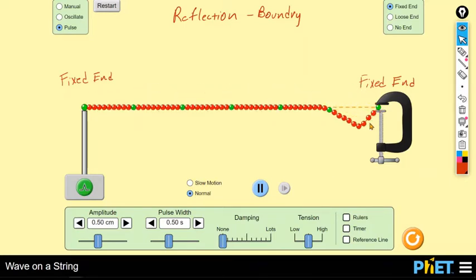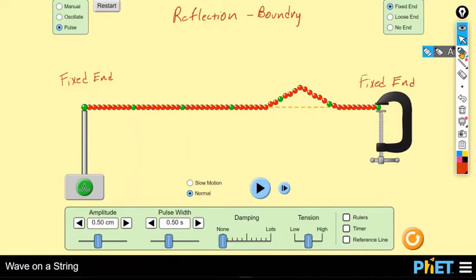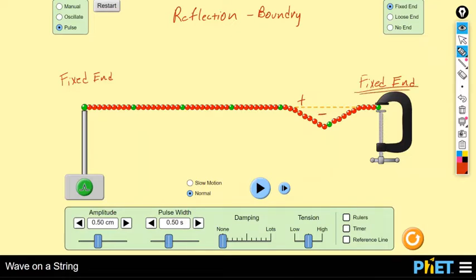This is called reflection. What's changing is the polarity. Here the amplitude is positive, and then when it hits the boundary, it's going to flip to a negative polarity or a negative amplitude. The polarity changes when you have a fixed end.